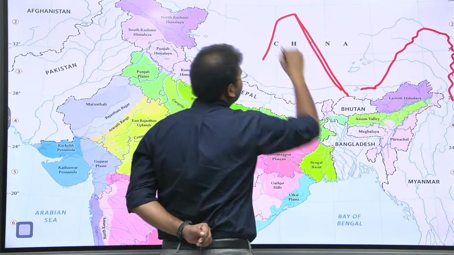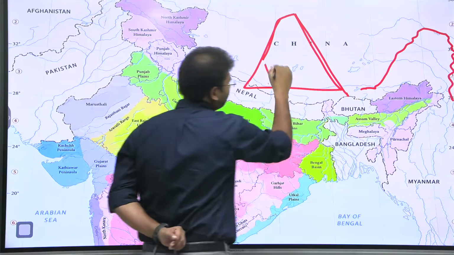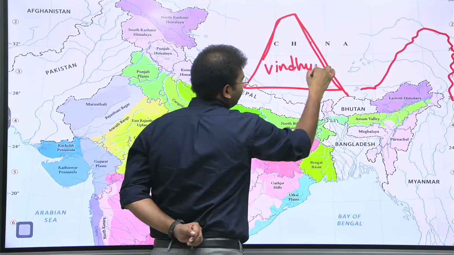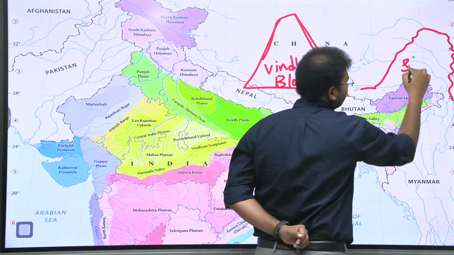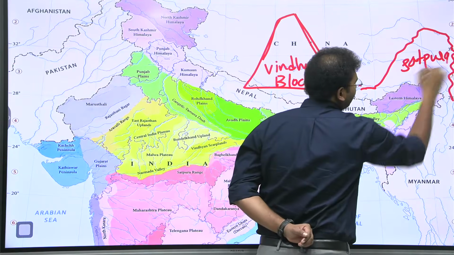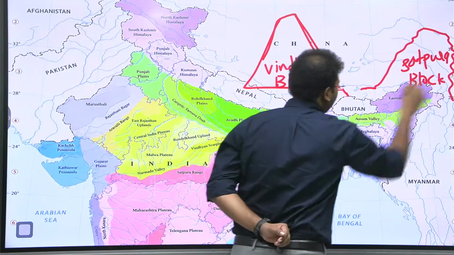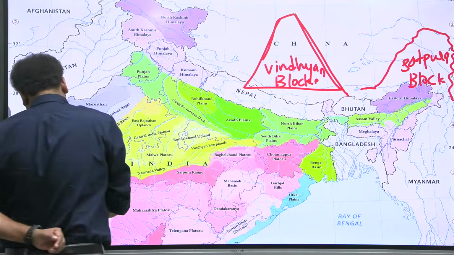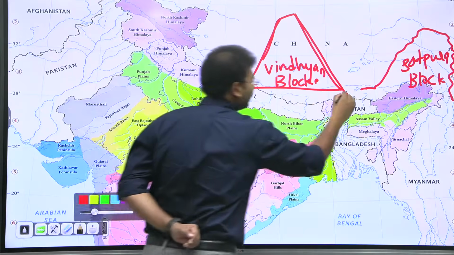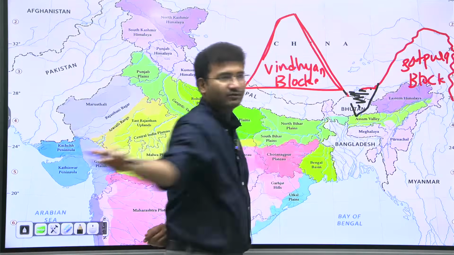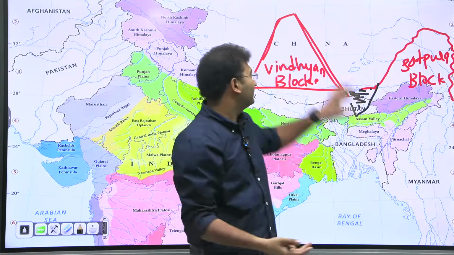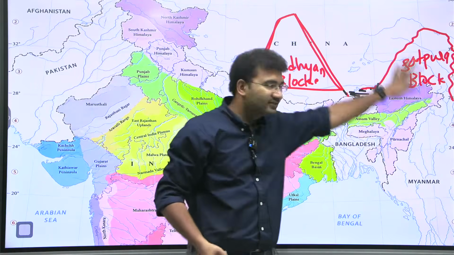So this is the Vindhyan block and Satpura block mountains. And in between, you will see a river flowing, and this river we call it as, your river is flowing out of the board, right? So this is Vindhyas and this is Satpuras.